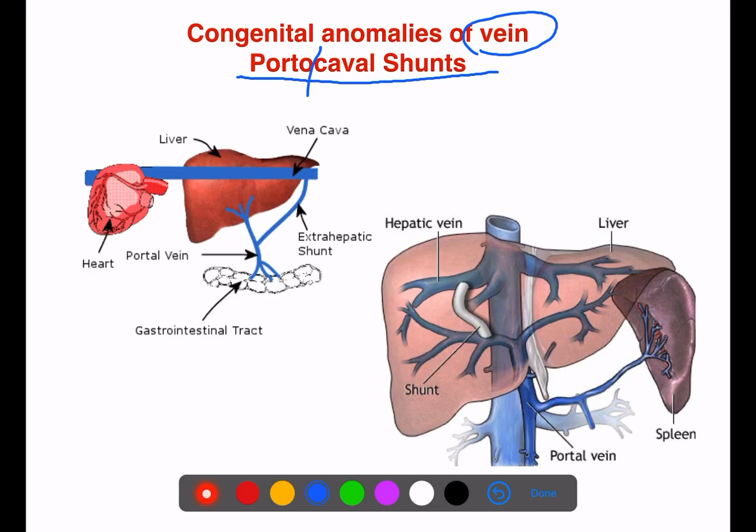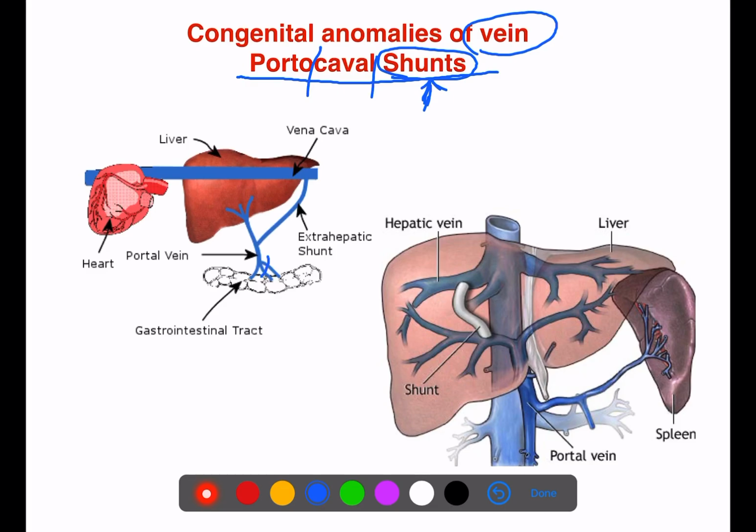Porto from portal vein, caval from vena cava. Shunt is like a fistula. Shunt means blood transfer from part to part. Portocaval shunt.